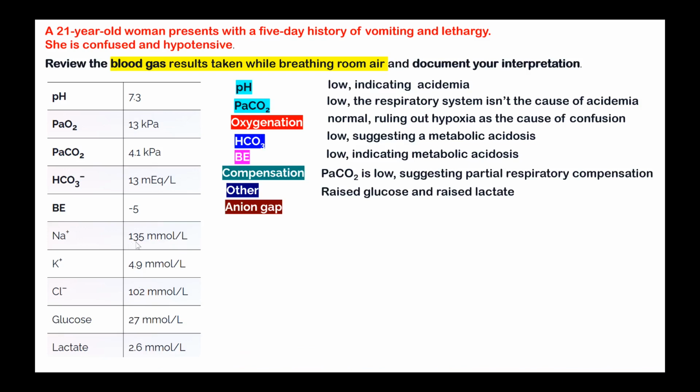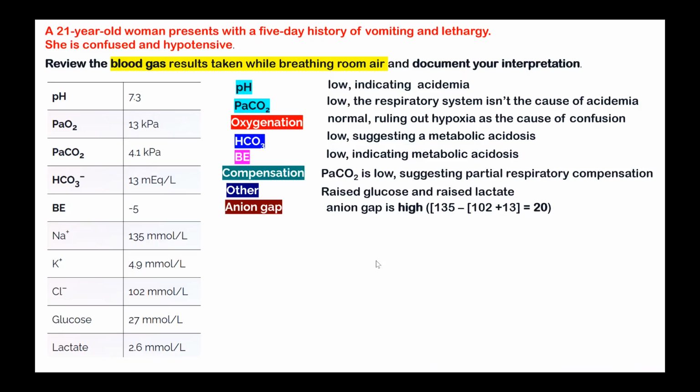Sodium is 135, chloride is 102, bicarb is 13. So 115 is the combination of chloride and bicarb. So 135 minus 115 is equal to 20. Is 20 normal? No, sir, it's high. So anion gap is high.